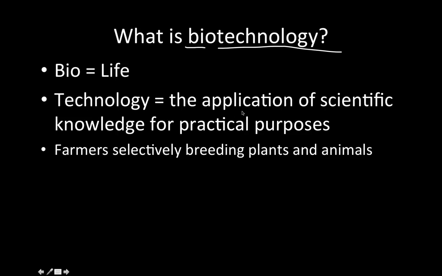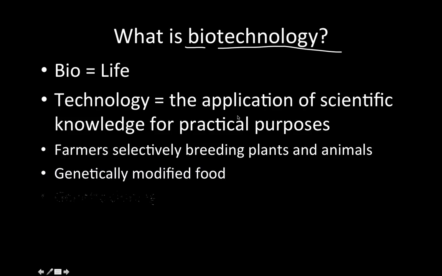Some examples of this: farmers have done selective breeding in plants and animals for years, decades, centuries, probably even millennia, since the beginning of agriculture and farming to begin with. It's hard to walk in a grocery store and not see some sort of selective breeding or biotechnology, especially in the produce section.